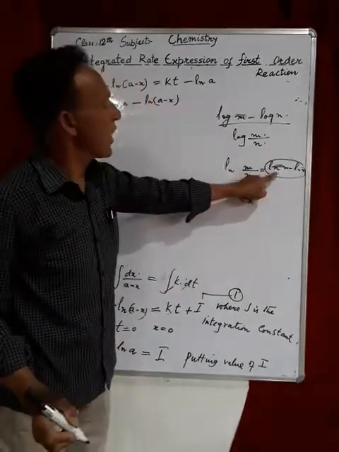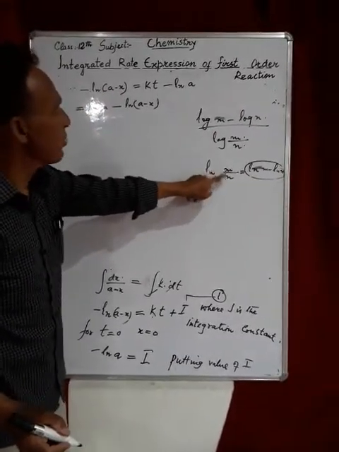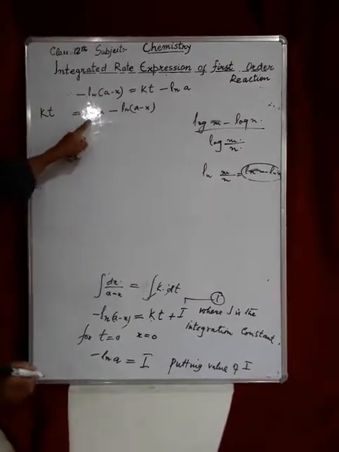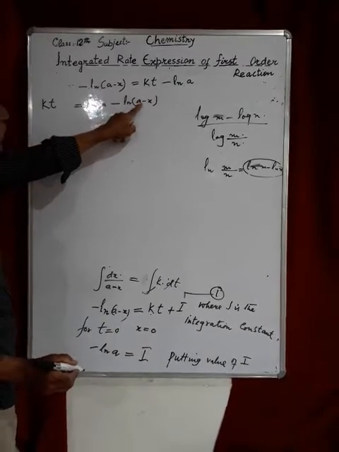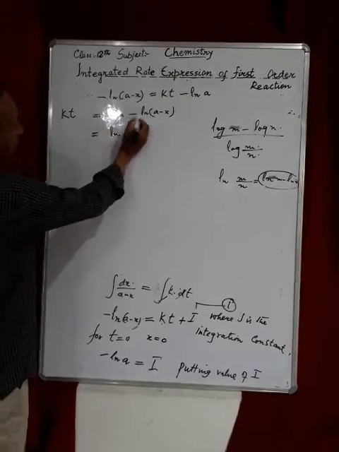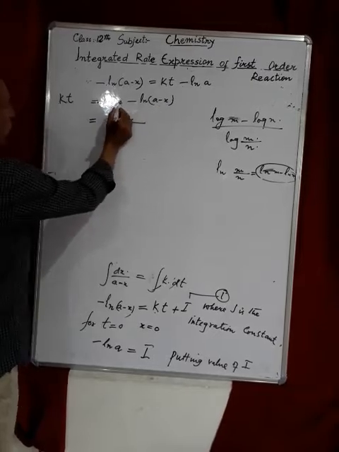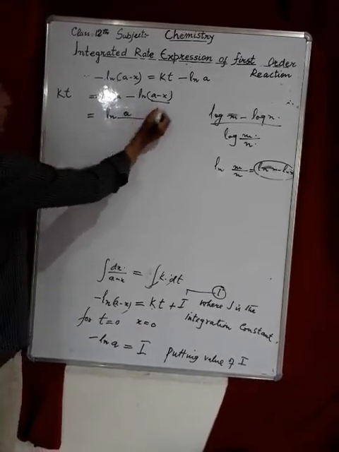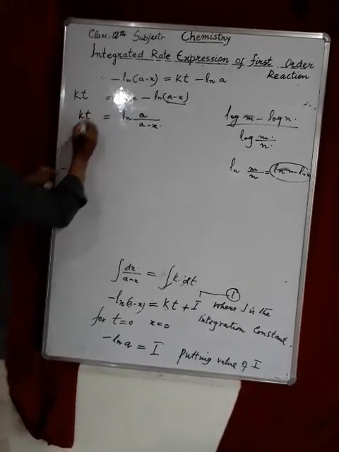So for log natural m minus log natural n, we can write log natural m by n. So instead of m we have a, instead of n we have a minus x, so it will become log natural m divided by n. So for m we have a, for n we have a minus x, that is equal to kt.